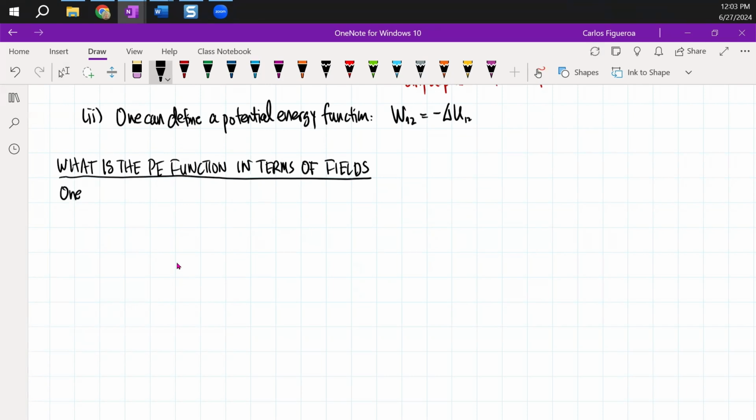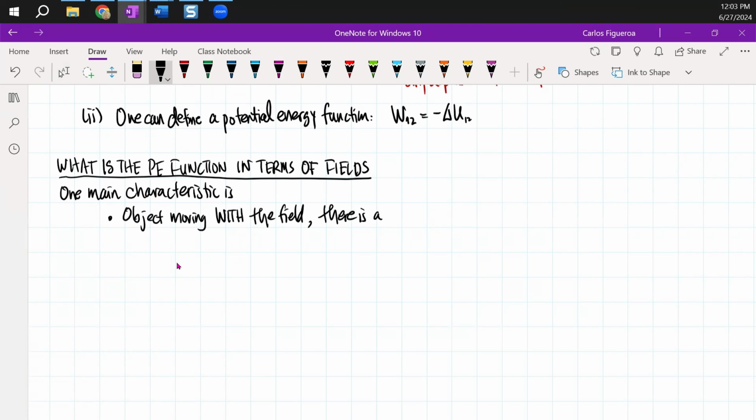One main characteristic is if I have an object moving with the field, there is a decrease in potential energy.